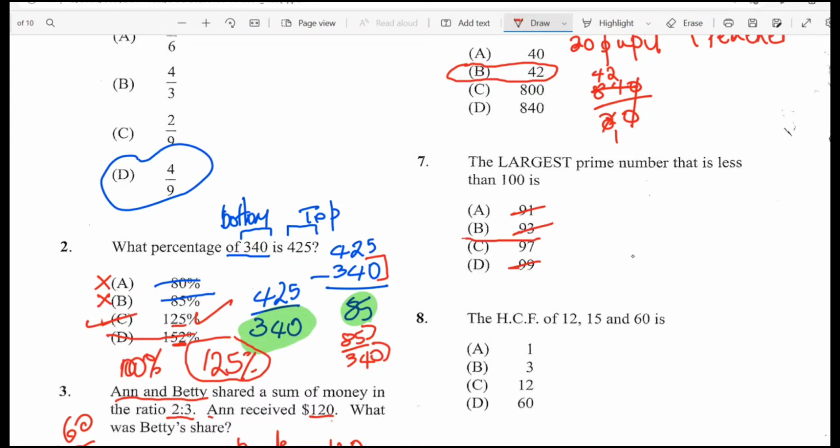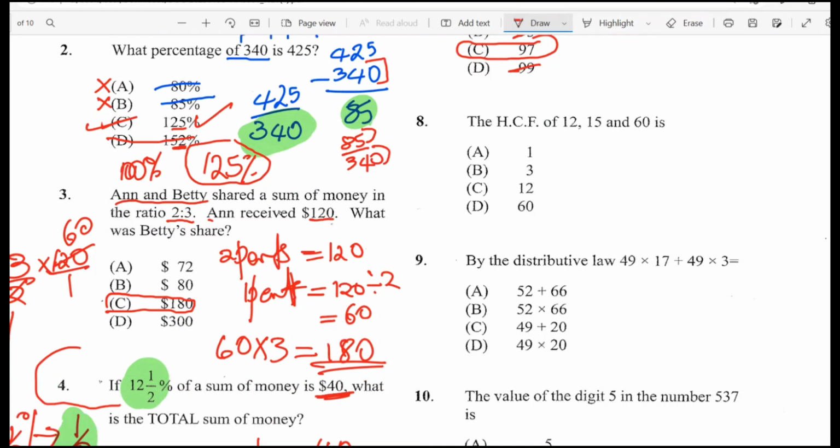So 97 is the prime. Prime number only has two factors, 1 and itself. So the moment you can find another number apart from 1 or that number, then something is off. It's not a prime number.